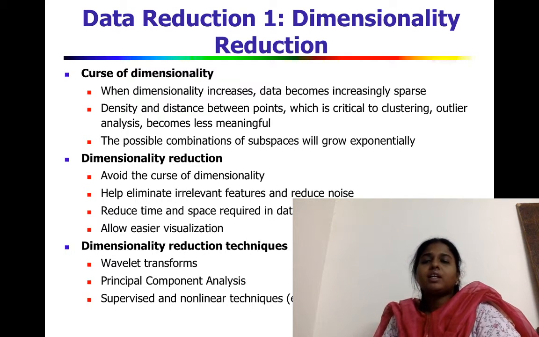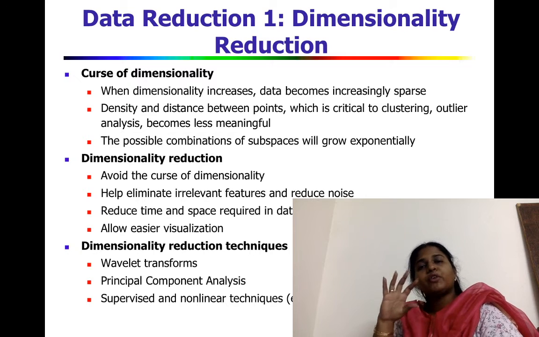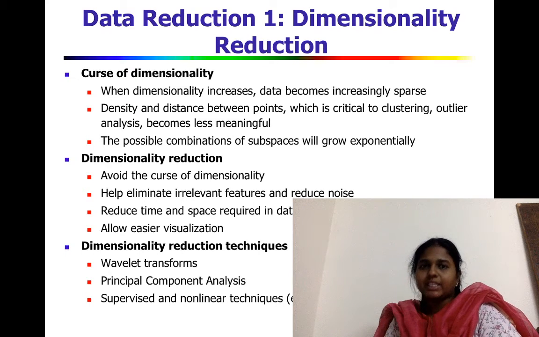So to avoid the curse of dimensionality problem, we need to go in for dimensionality reduction. This is done by eliminating irrelevant features, and it also helps us to reduce noise or errors. It reduces the time and the space required for applying the data mining algorithm, and it also allows easier visualization. Now if you can correlate all of these points with the example that we just discussed, it will be easier.